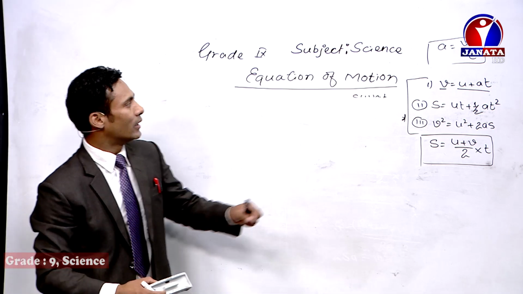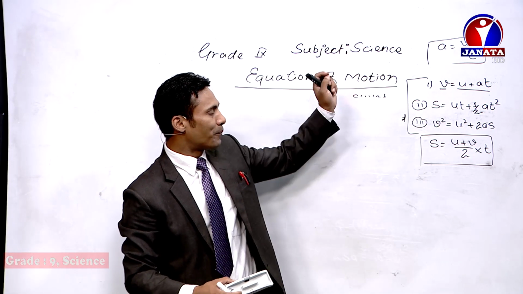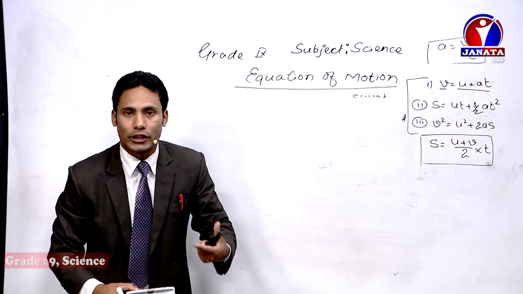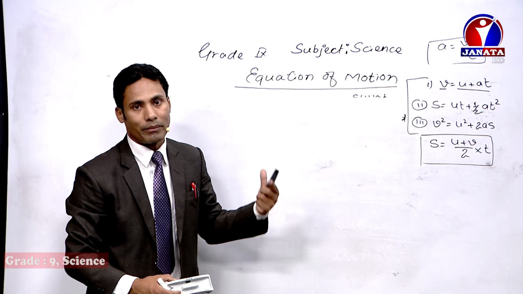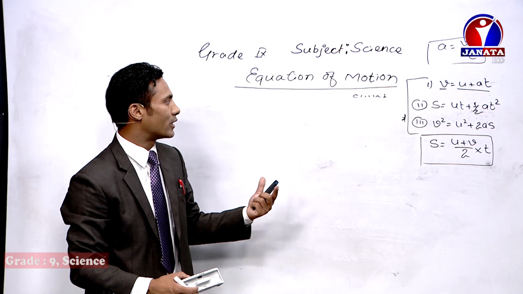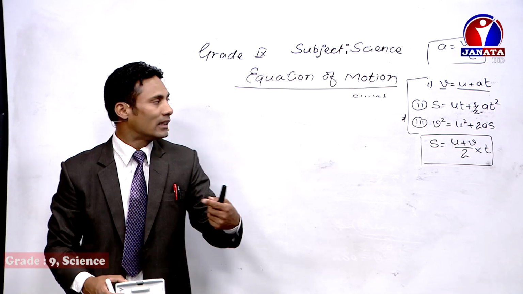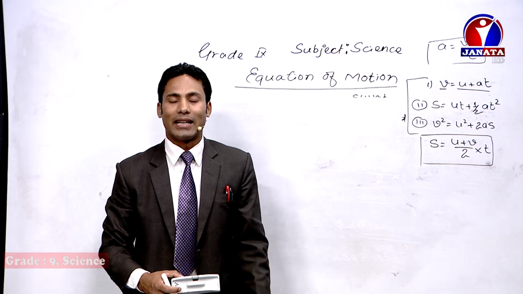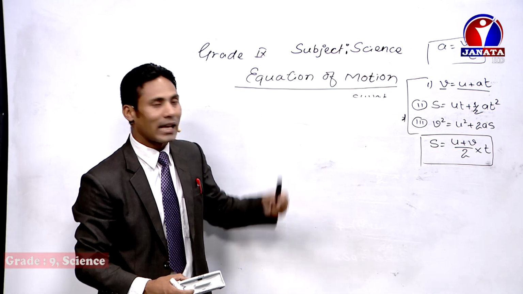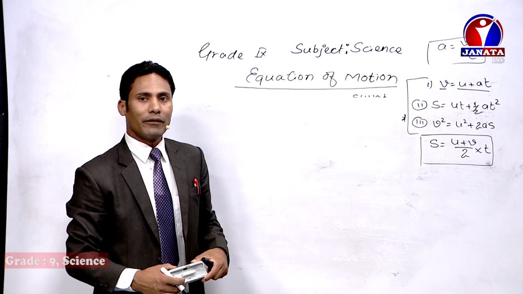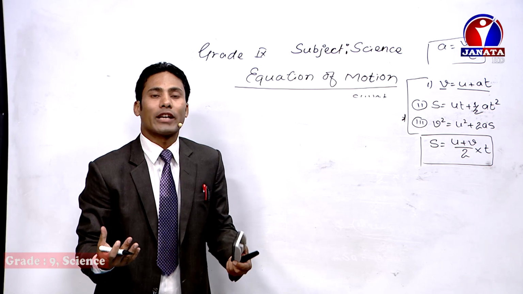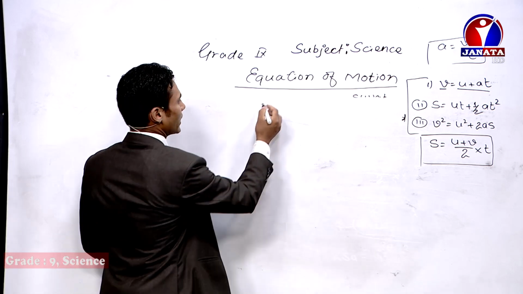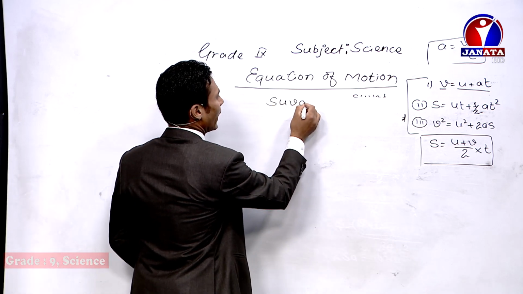And one more thing, out of these 5 formulas, we will use one formula for finding the unknown quantity or parameter in the question. And how to choose the formula: for example, suppose only 4 components are there, out of SUVAT.